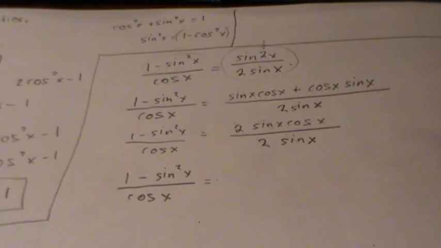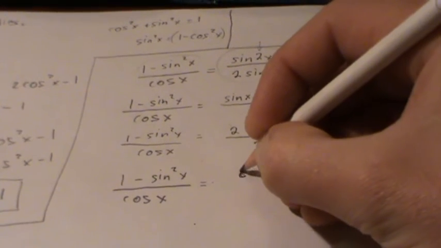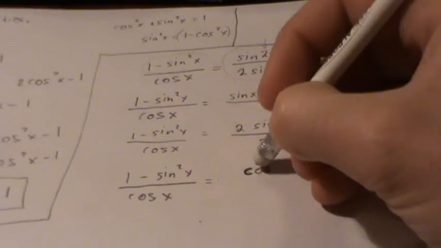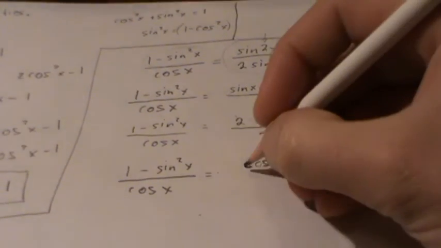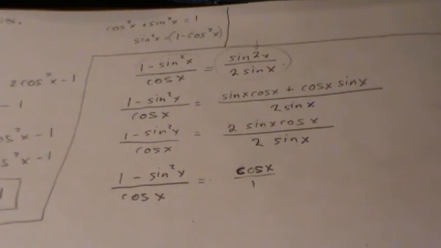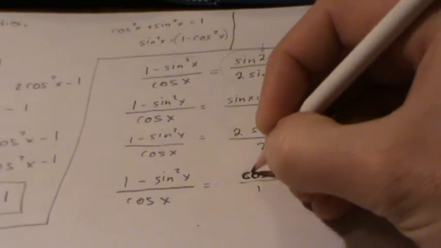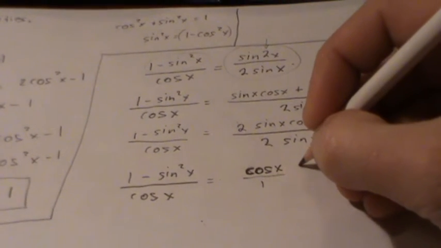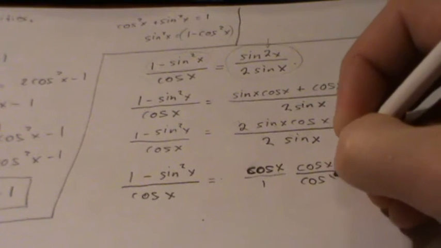Okay. And then I'm left with just a cosine x here. Cosine x over 1, I'll put. So now you might be thinking to yourself, oh shoot, I'm stuck here. But what I'm actually going to do is multiply this side by cosine x over cosine x.